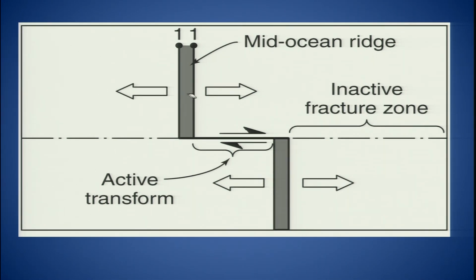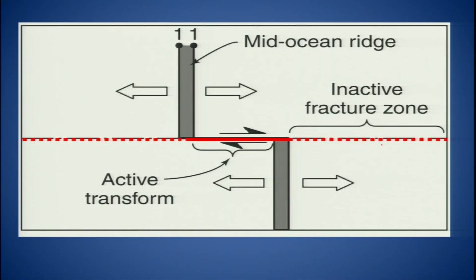So if we take this portion alone, then we clearly say this is extensional, so this part is moving away from one another. So you have this portion which marks the active transform fault, because this portion is moving away in this direction and this is moving in this direction here.